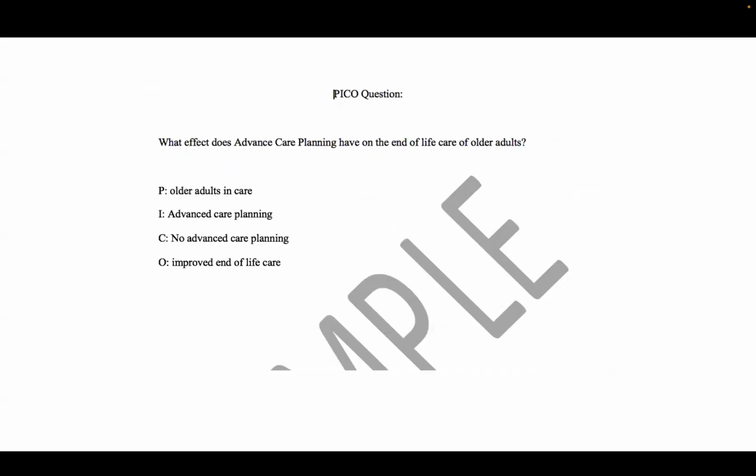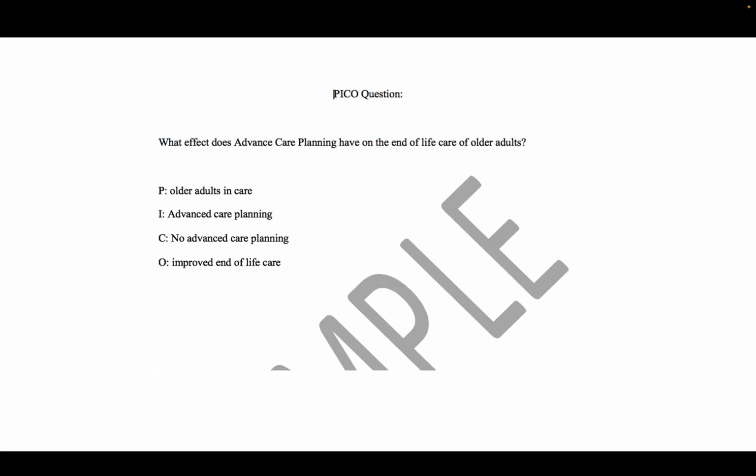Okay, for Quackers, you will find assignment 1 supporting material, and there's one file called Pickle Question. This sample is from 2020 cohort. So for example, the Pickle Question is, what effect does advanced care planning have on the end of life care of elder adults?